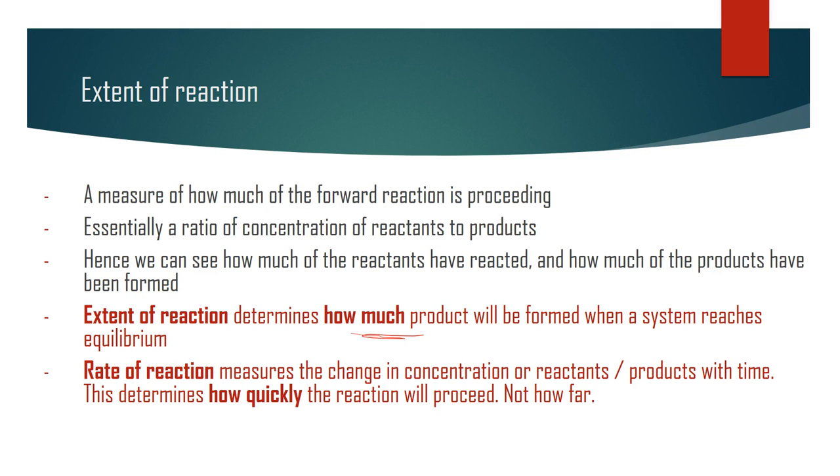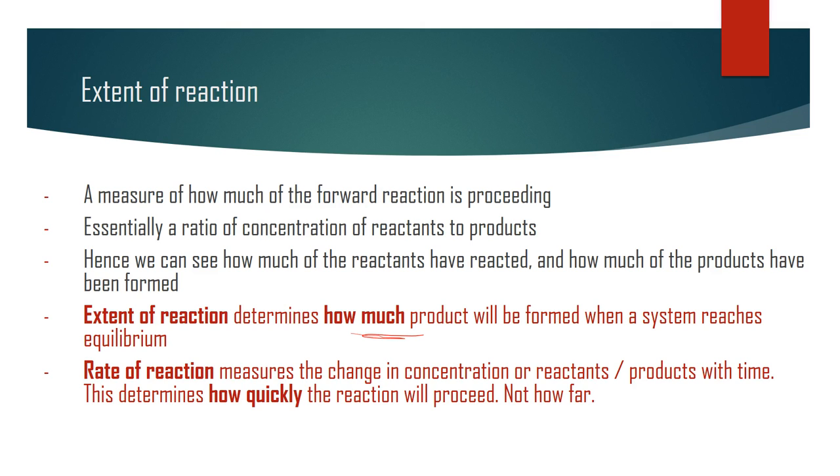And we've talked about how this is important to industry, because if you want to be making a pharmaceutical product, or if you want to be making something that's sold industrially, you need to know how much yield you're going to get, and you want to maximize that yield as much as possible. Rate of reaction is going back to kinetics, and we're talking about the change in concentration of reactants with time, always over a time interval, and this always determines essentially how quickly the reaction will proceed, not how far.